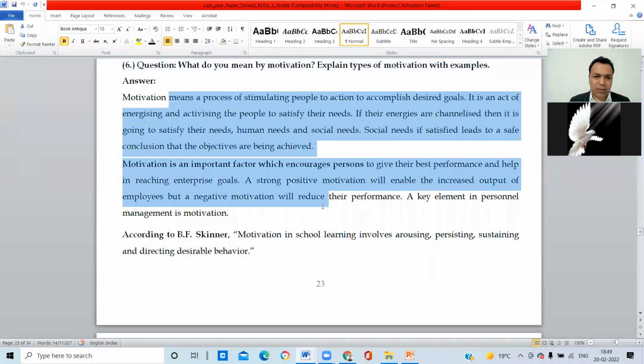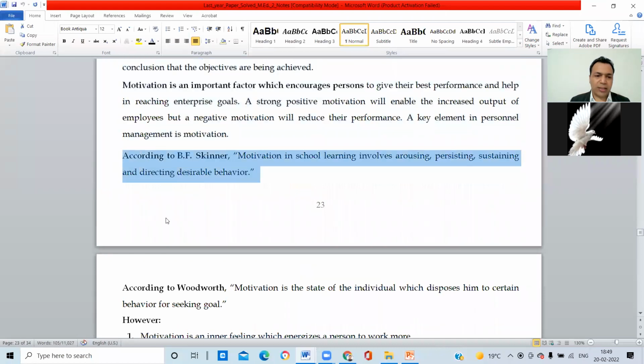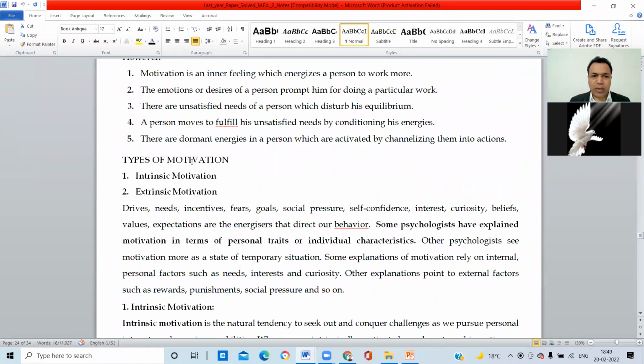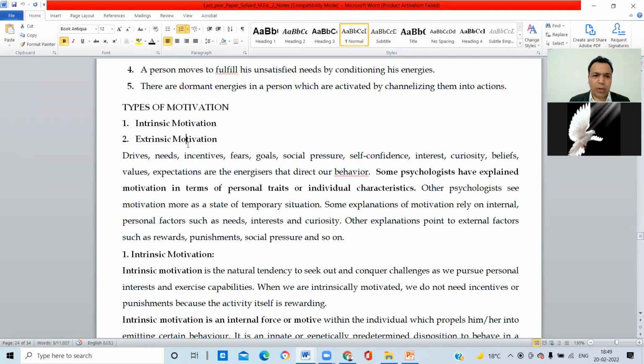First, motivation is described. You can give one or two definitions of motivation, right? Then types of motivation. One is intrinsic, one is extrinsic motivation. Intrinsic means internal. Extrinsic motivation means external motivation. We are motivated by external forces.